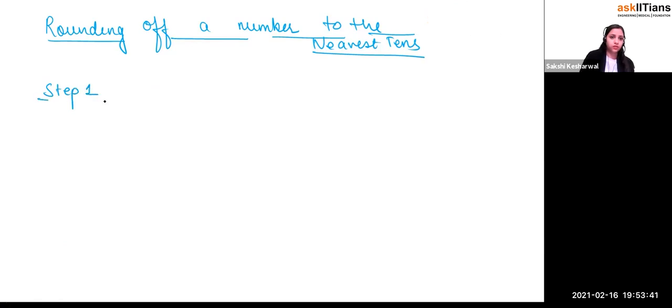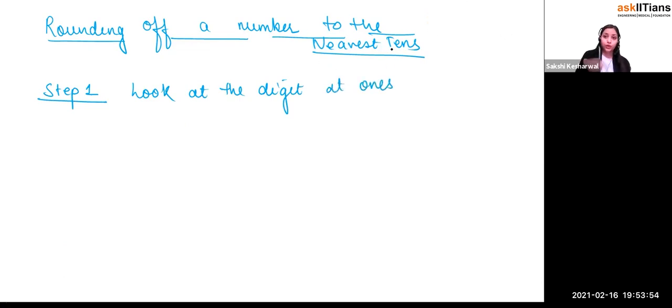Step one says: look at the digit at ones place of the given number, because you're rounding off to the nearest tens place, right?